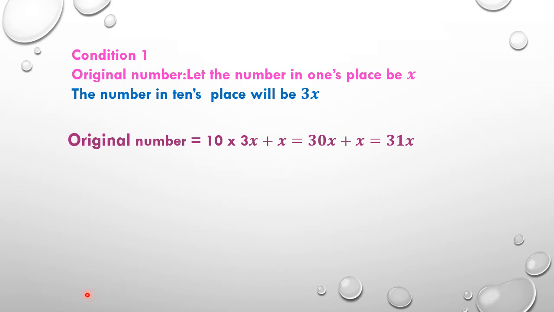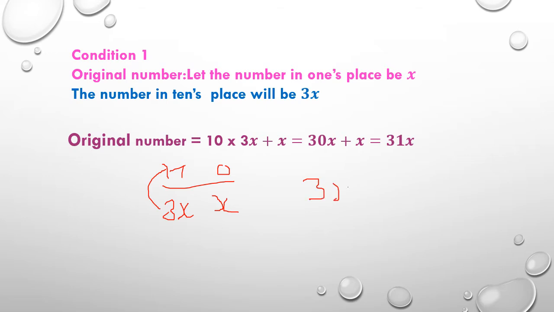Now how did this arrive? Let me just show you. We have learned the place value. Now if I put x in the ones place and 3x in the tens place, then how do we find the place value of these two numbers? As you have seen in your lower classes, you multiply 3x with 10 in order to find the place value.